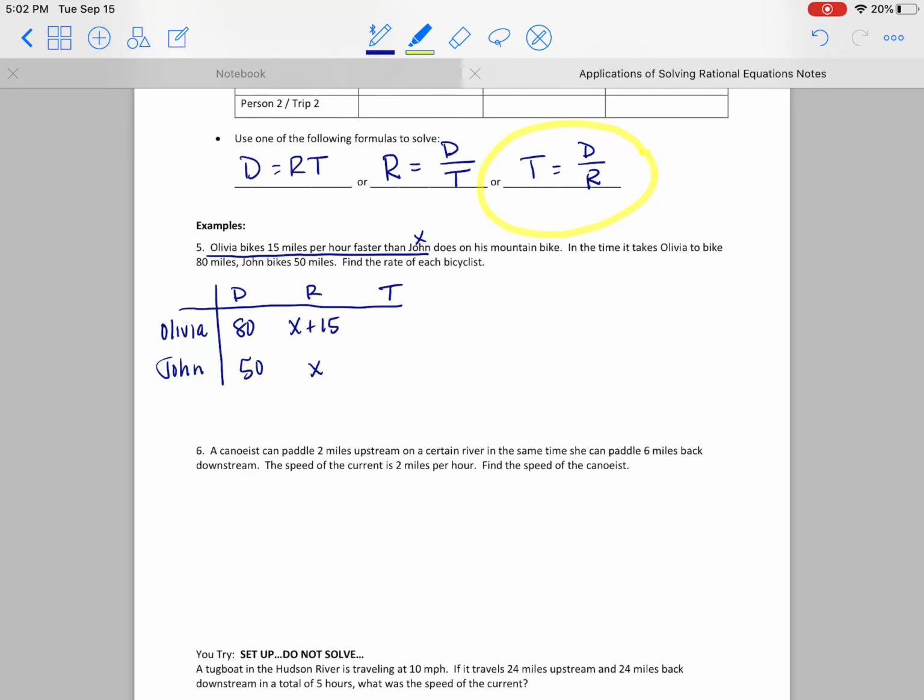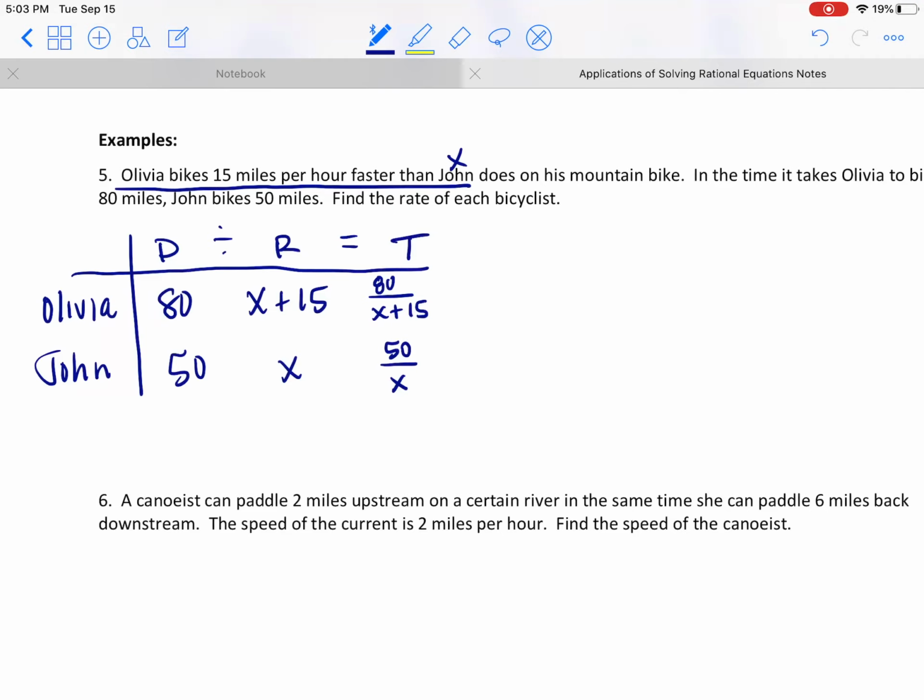Since time is equal to distance divided by rate, in this time column, I can just divide my distance of 80 by my rate of x plus 15. And the same thing here, I can take my distance of 50 and divide by my rate of x, so that I don't have to introduce anything new into that spot.